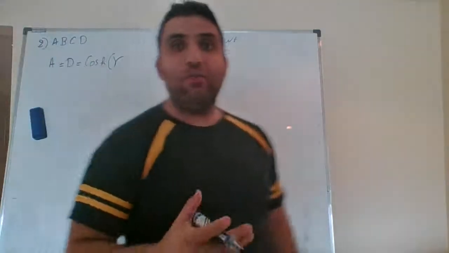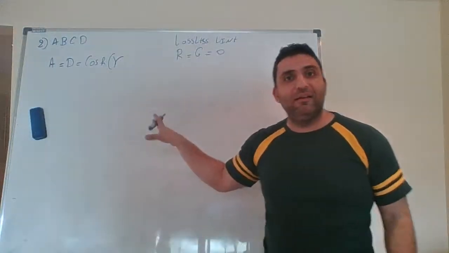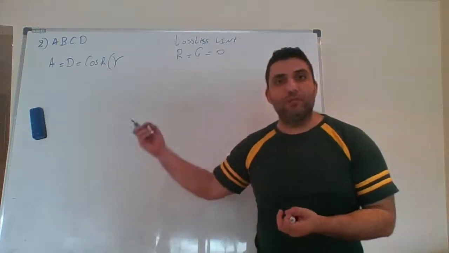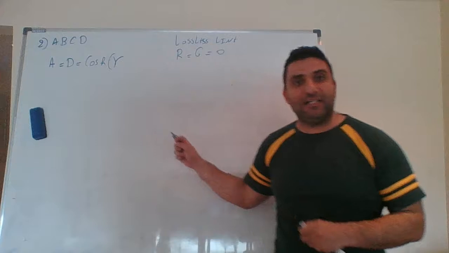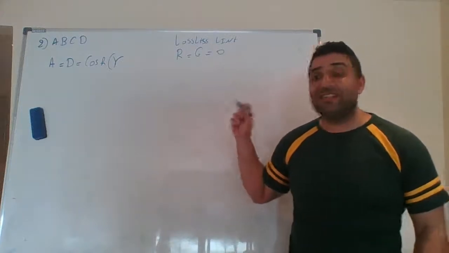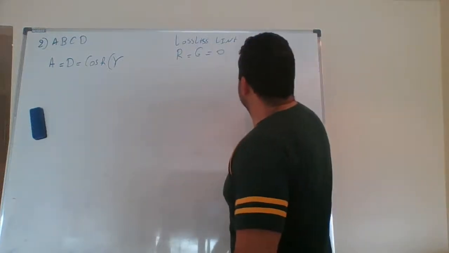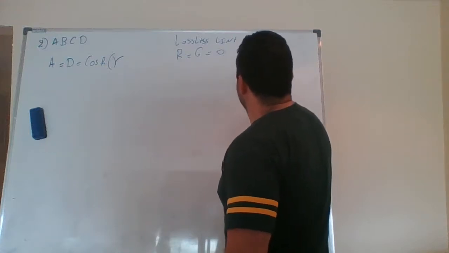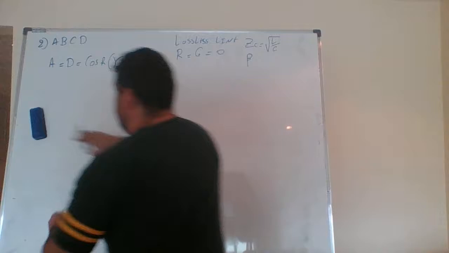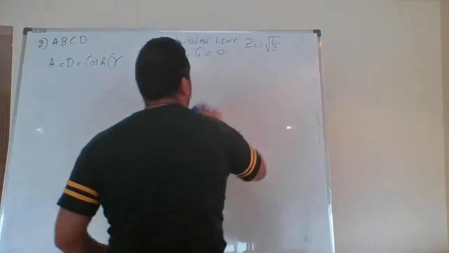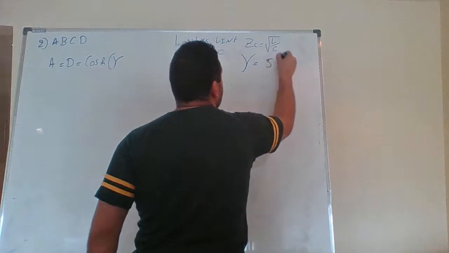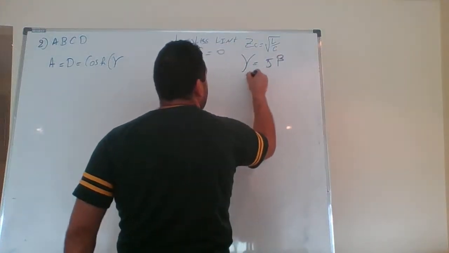Now, because we have L as an inductor, so we don't get confused between the length L and the inductor L, as you can see now, ZC, the surge impedance ZC of L over C, and the propagation is equal to J beta.